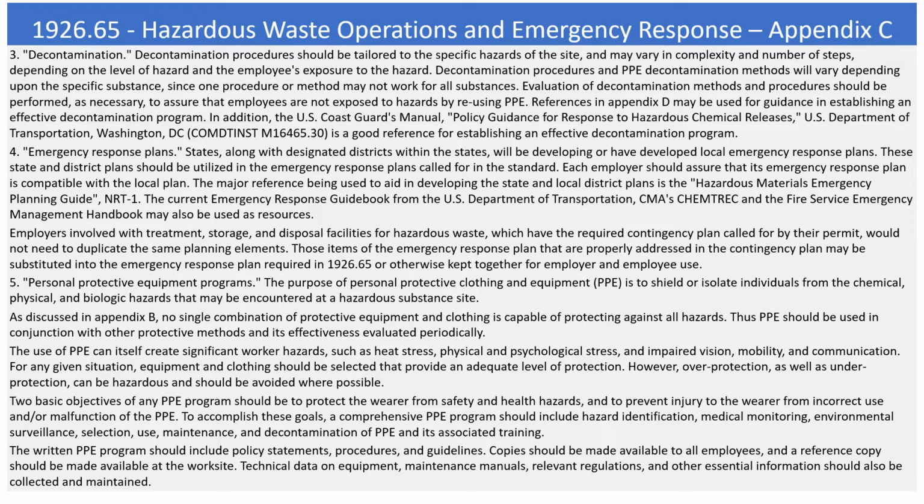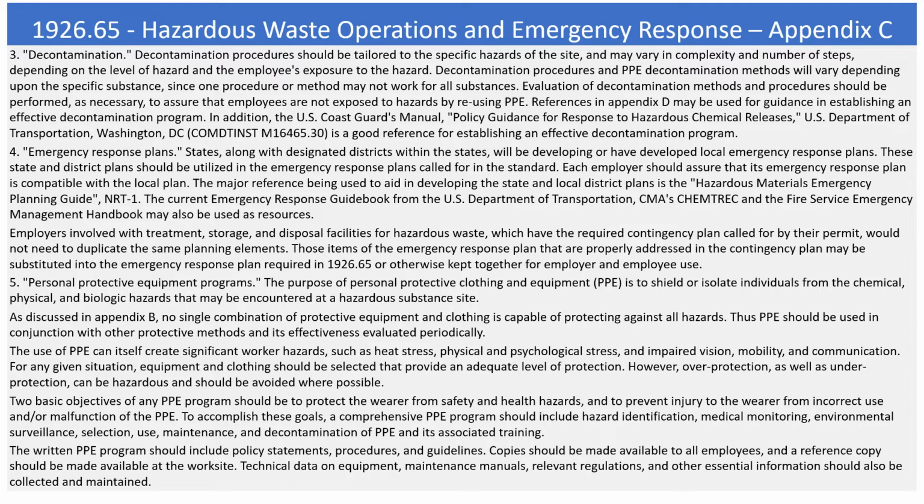4. Emergency Response Plans. States, along with designated districts within the states, will be developing or have developed local emergency response plans. These state and district plans should be utilized in the emergency response plans called for in the standard. Each employer should assure that its emergency response plan is compatible with the local plan.